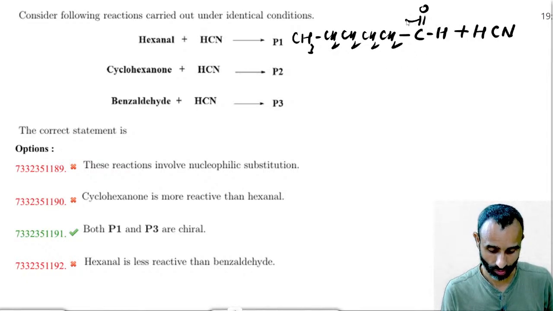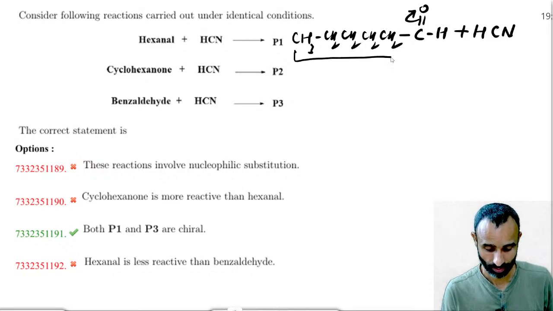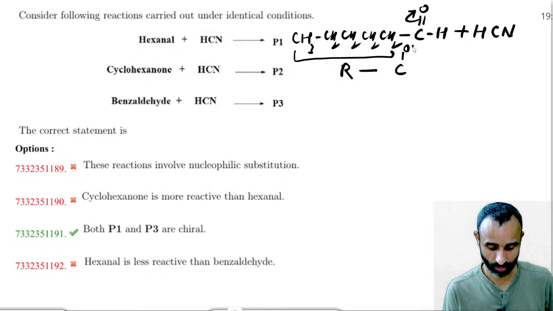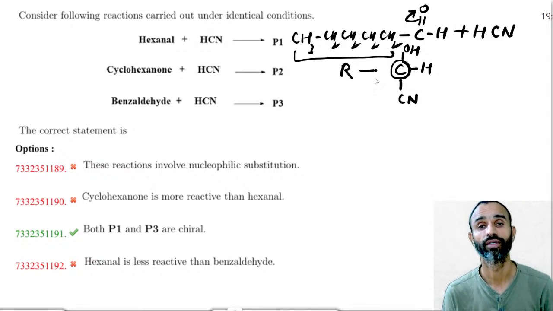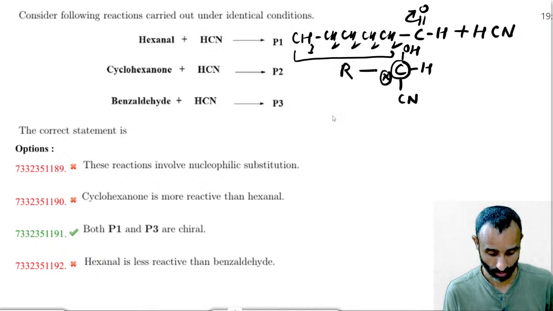So it is like this. This part remains as such; let us take it as R. So C becomes OH, H and CN. So what is the nature of this carbon? Chiral. It is attached to 4 different groups, so it is chiral. Now cyclohexanone.